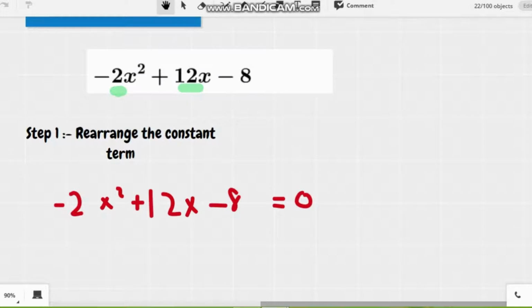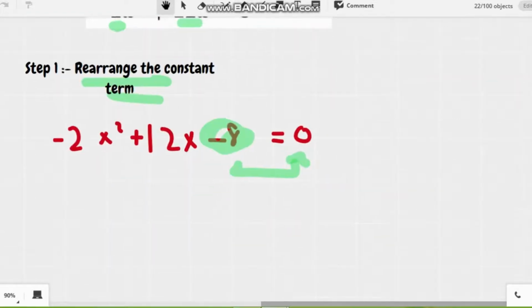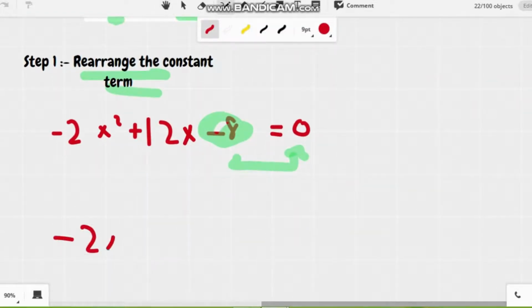What is the constant? The constant term is the one that has no variable written with it. That's a simple number, so that is negative 8. I have to move this negative 8 to the right side according to the rule, step 1. Minus 2x square plus 12x. And before going on, if you look at this equation, they are all divisible by 2.